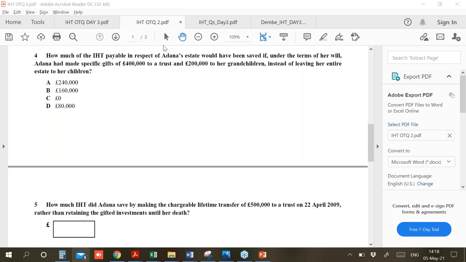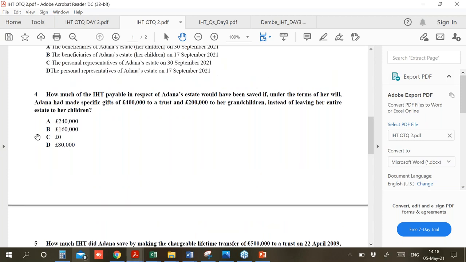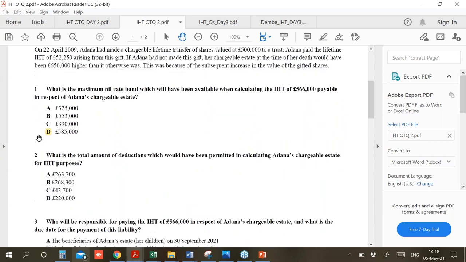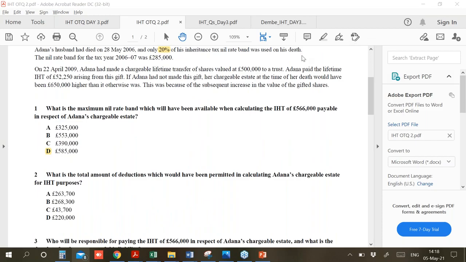Obviously, guys, if she had not transferred that to a trust and it had remained in her estate, she would have to pay the tax on her death estate. So, what was the value at the death of the shares? If we look at the question, it has been provided that on her death the shares would have been 650,000. So rather than 500,000, she would have to pay tax on 650,000.